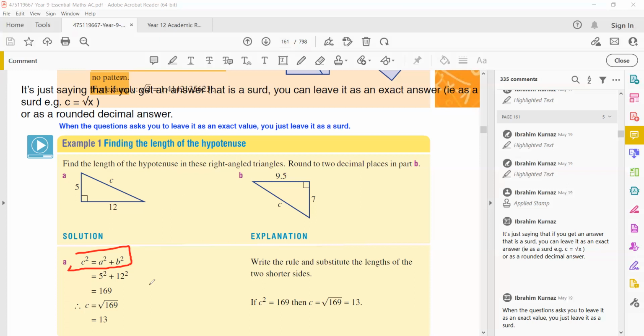9 times 9, 81. Good. 10 times 10, 100. 11 times 11, 121. 12 times 12, 144.